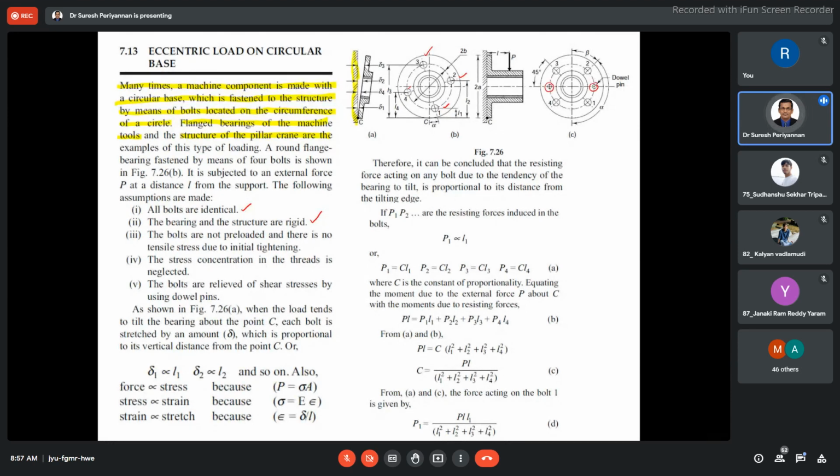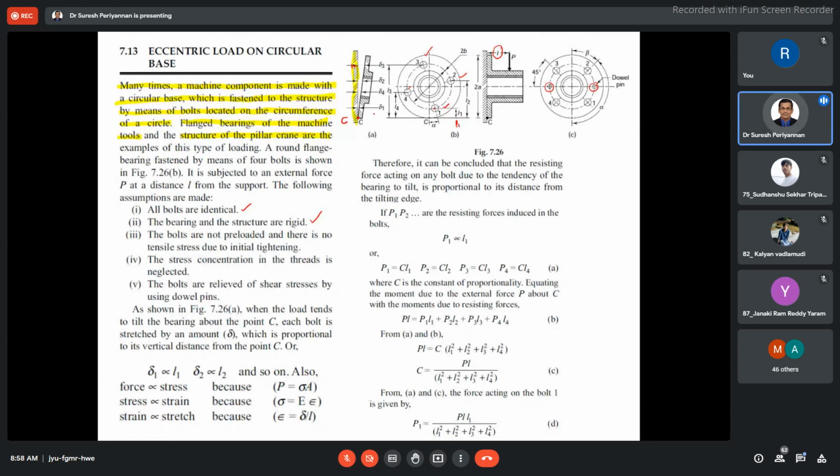Now we come to the further derivation. Here also we are considering point C. When the load is acting on the flange at an offset distance L from the frame, a deflection is going to happen like this. Please listen very carefully.